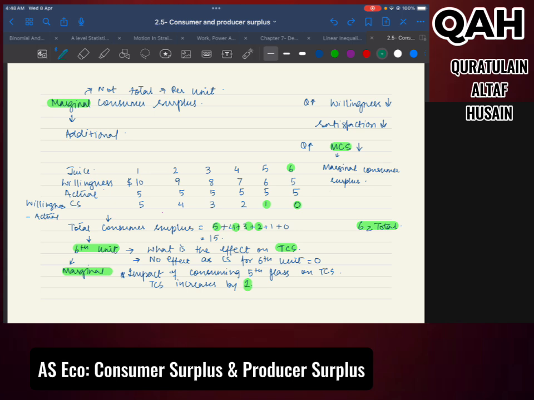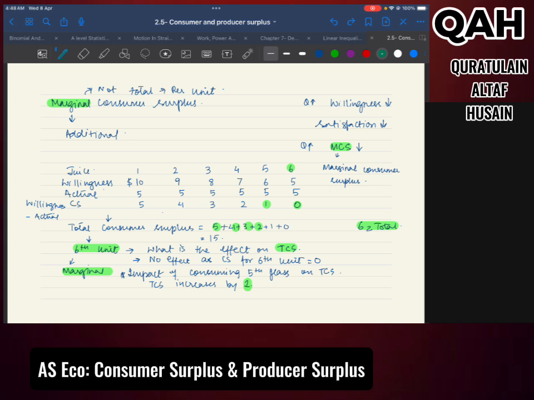Number one, marginal consumer surplus, and the second one is total consumer surplus, or TCS, and surplus derived by consuming that particular unit. For example, if you are consuming 1 unit, then consumer surplus derived after consuming 1 unit.